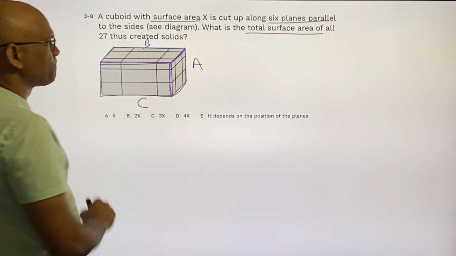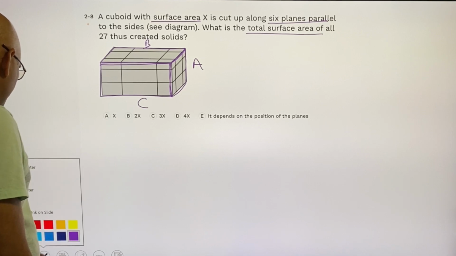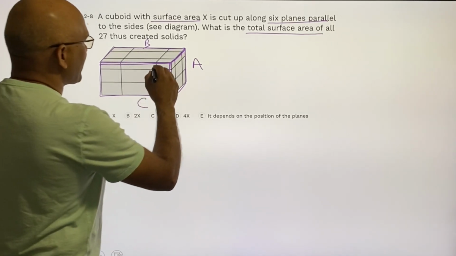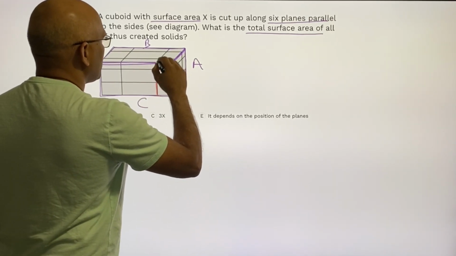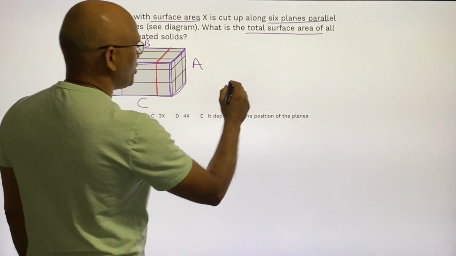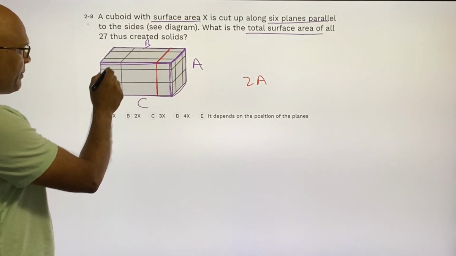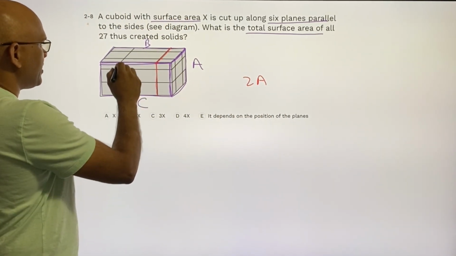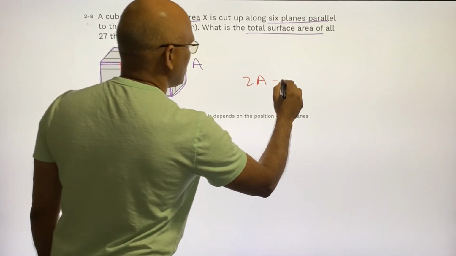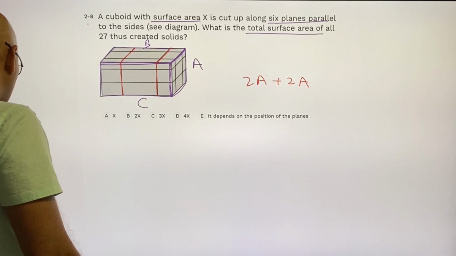Now if I make a cut like this, let me change the color. If I slice it like this, it is going to expose 2A. Similarly, this is also going to expose 2A. Now let me change the color again.